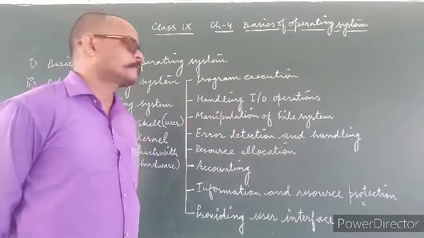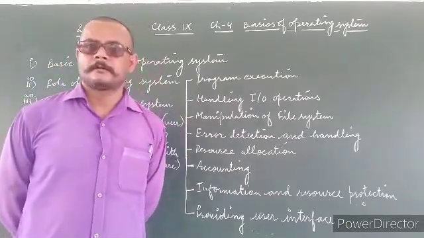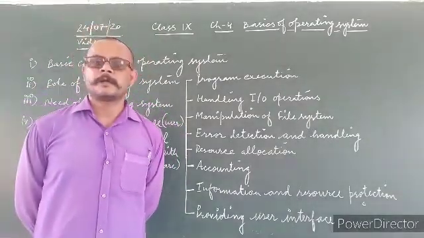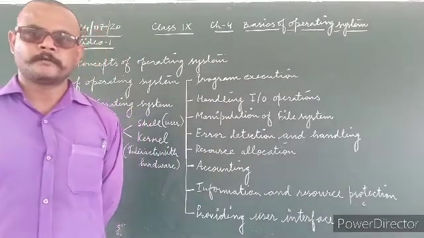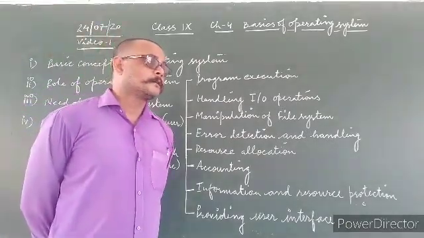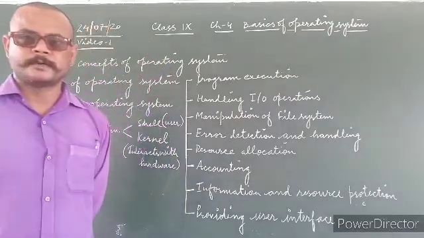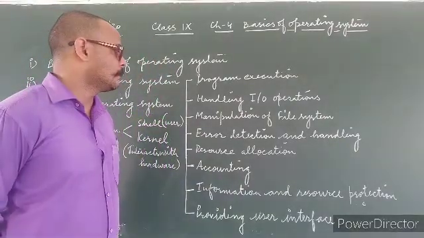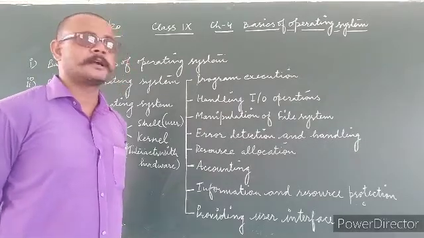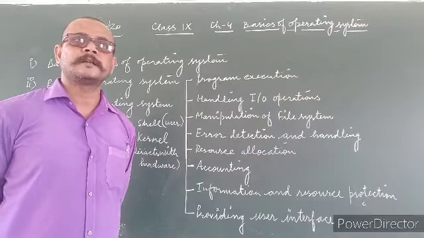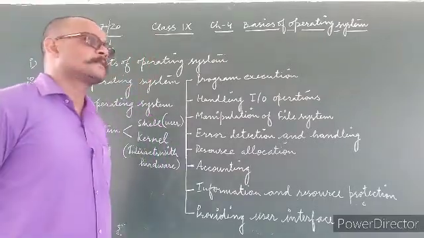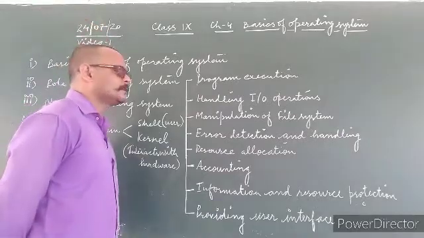Assume that a computer is working and it is short of memory for a particular work. Then the operating system will handle that situation, and that will be called error detection and handling. If a computer is running out of memory, the operating system will detect the error and handle it.